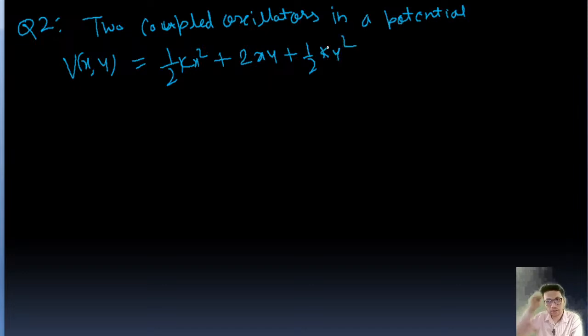So two coupled oscillators are in a potential of this form, where k is greater than 2.